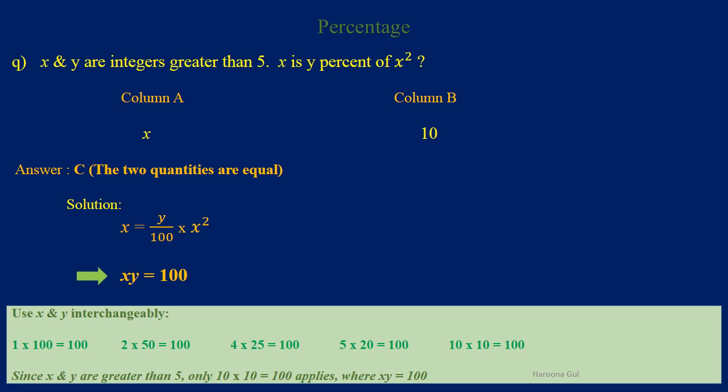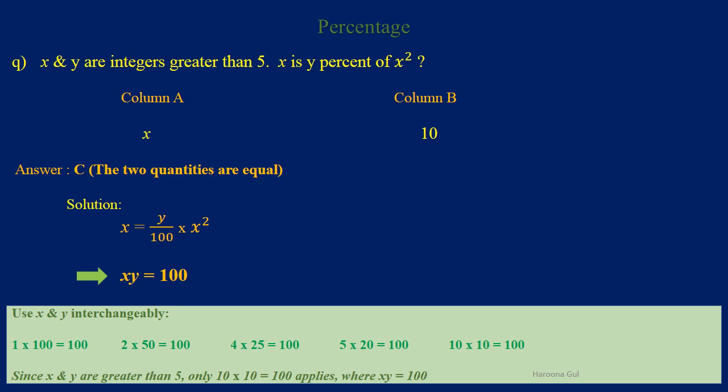On the left side we have 1x, and on the right side we have x squared, means 2x, x into x. So we're going to cancel the left side x, and cancel one of the two x's, right? So we'll be left with xy over 100 is equal to 1, which means xy is equal to 100.